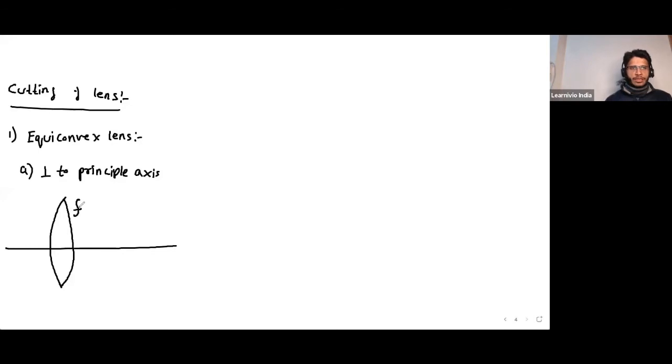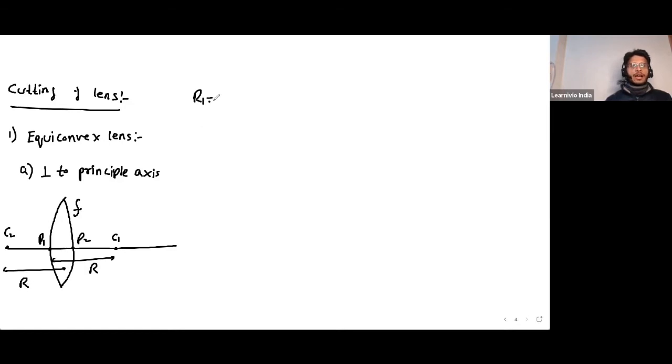The focal length of the lens is F. The radius of curvature of both the sides of an equiconvex lens is the same. So this is the first side. This is pole. This is center of curvature. This is R1, or it's R. Both the sides are equal. This is C2. This is P2, and this is also R.